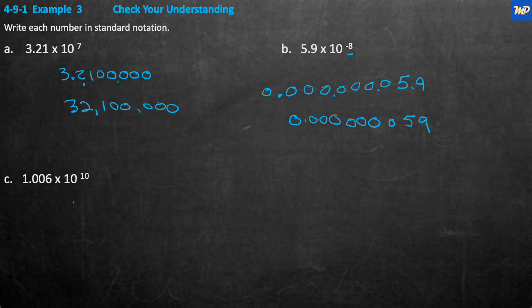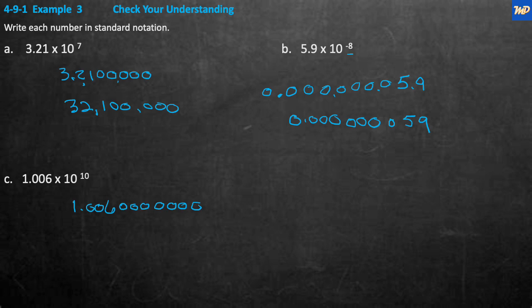So we're getting large. We're going to have 1.006 times 10 to the 10th. So we're going to add 10 spaces and fill the empty spaces with zeros. So we have 1, 2, 3, 4, 5, 6, 7, 8, 9, 10.